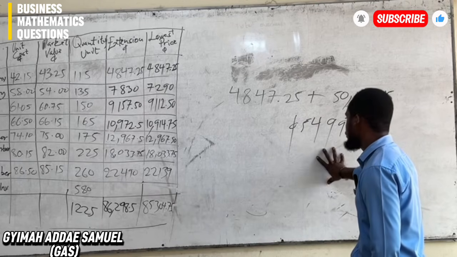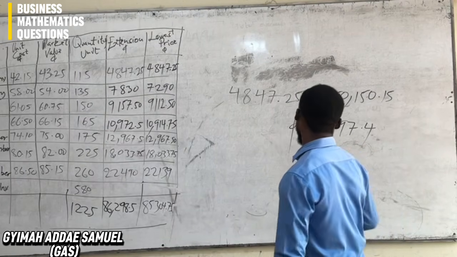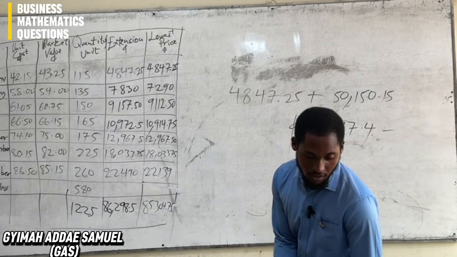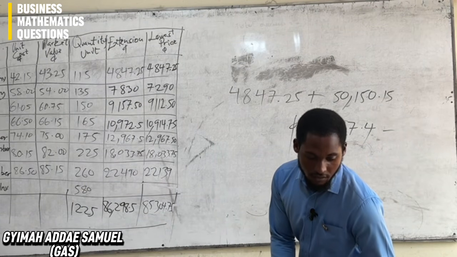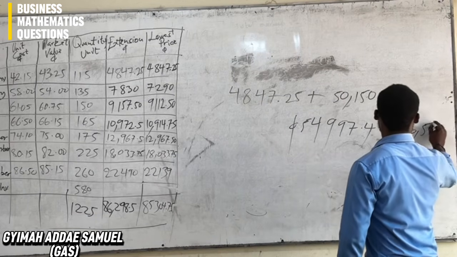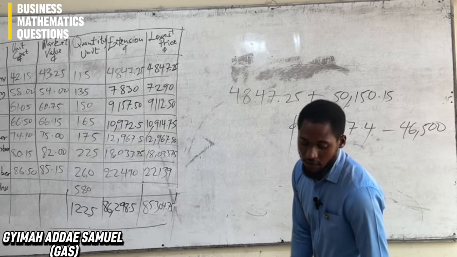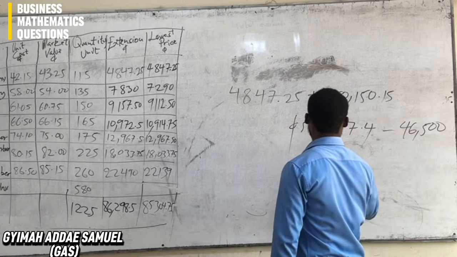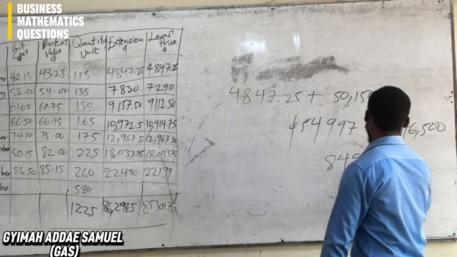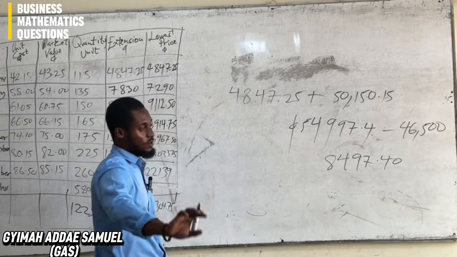You then subtract your net sales from this. The net sales is given to be 46,500 as stated in the question, and you are getting 8,497.40.